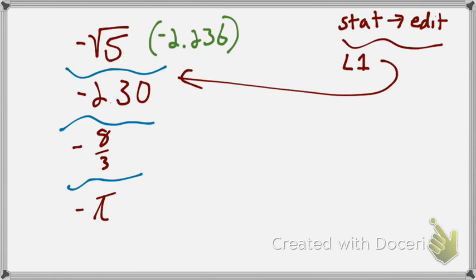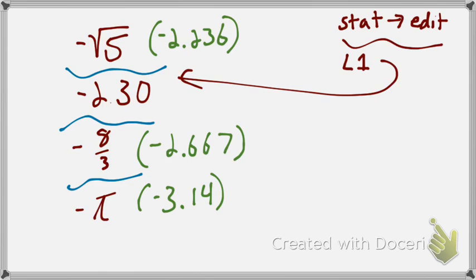I'm going to have negative 8 over 3, which gives me negative 2.667, and then negative pi, which is just negative 3.14. Okay. Any questions on how to put those in the calculator?